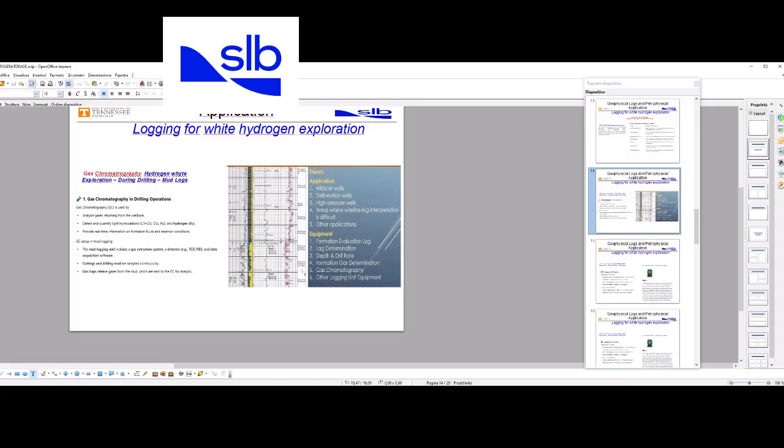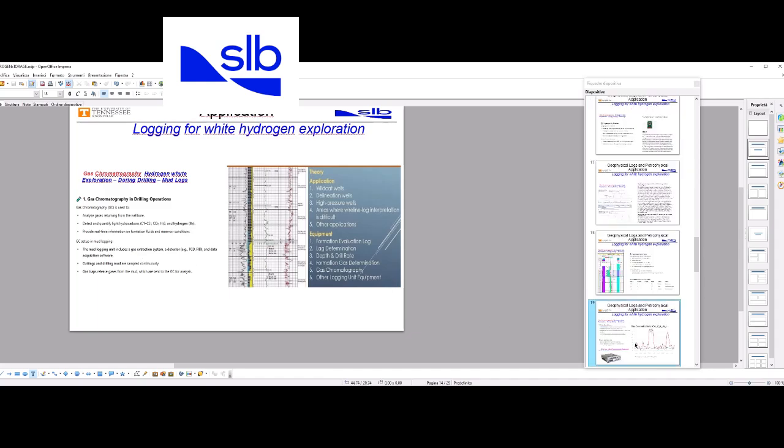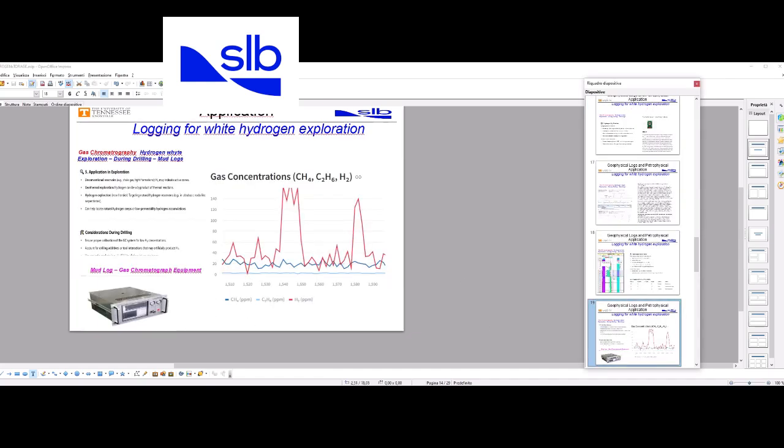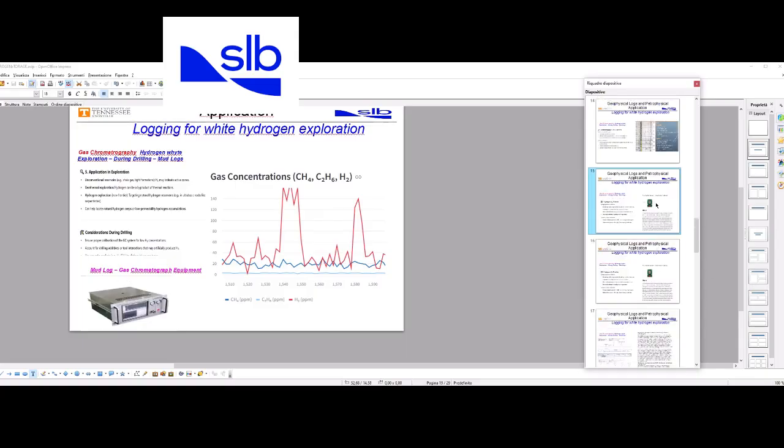The mud log units include, for example, and I will show you in the next slides, the mud log units include like this. This is a mud log gas chromatography equipment.